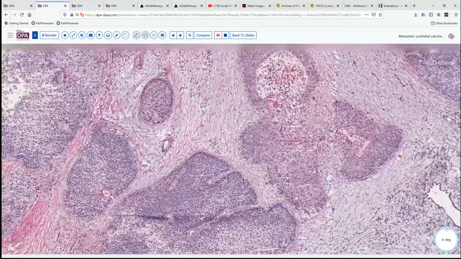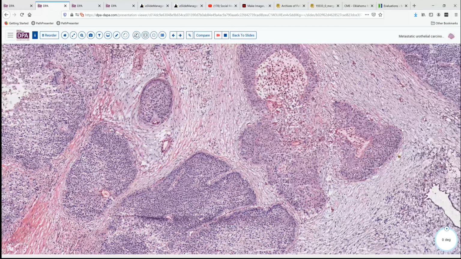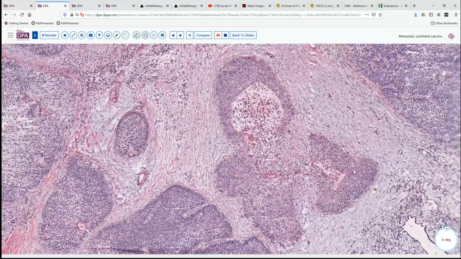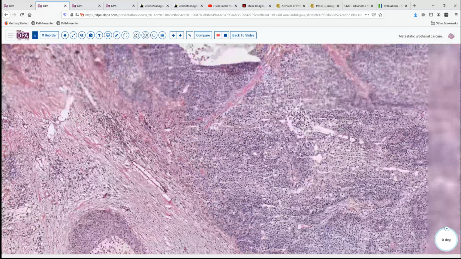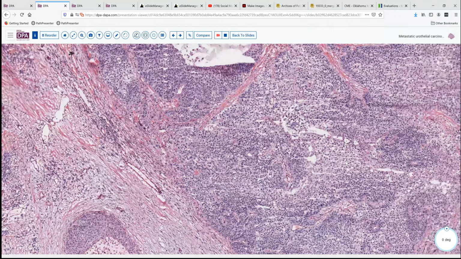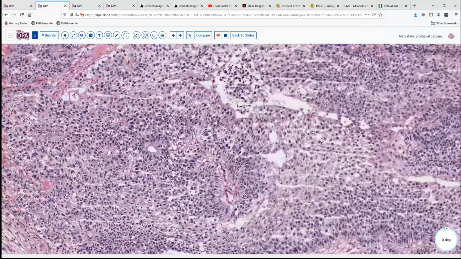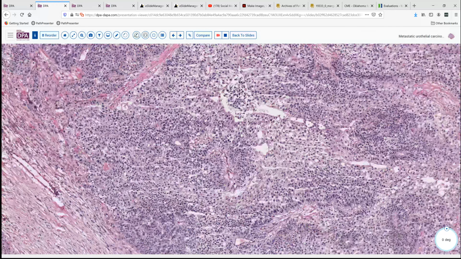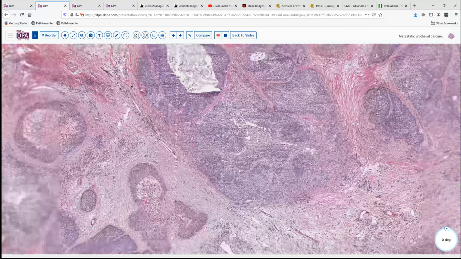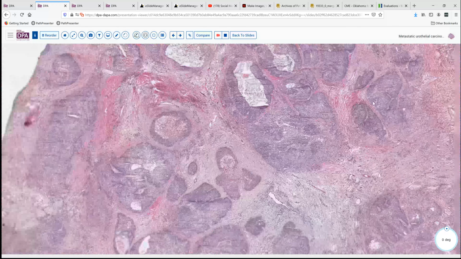The history of upper and lower urinary tract disease was not widely disclosed on the surgical historical form, and so other metastatic or primary lesions, Brenner tumor, malignant Brenner tumor, or something of that sort, were also considered for this lesion.